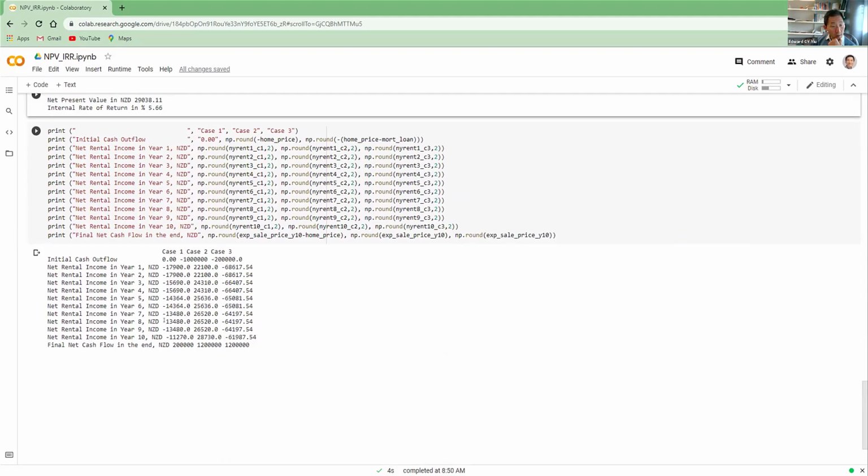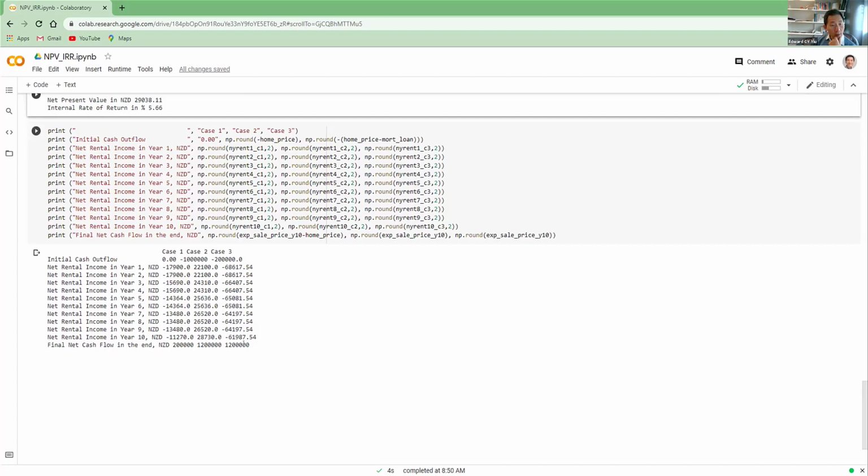And then you will find that even though for case 2, the net rental income will be positive because you do not have to pay back any loan, and the final cash flow in the end will be much bigger in case 2, still case 2 is not the best case because of the discounting effect.